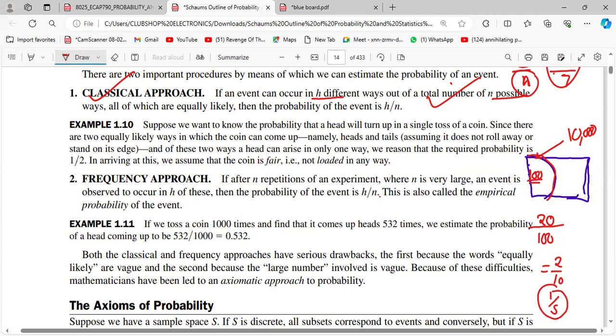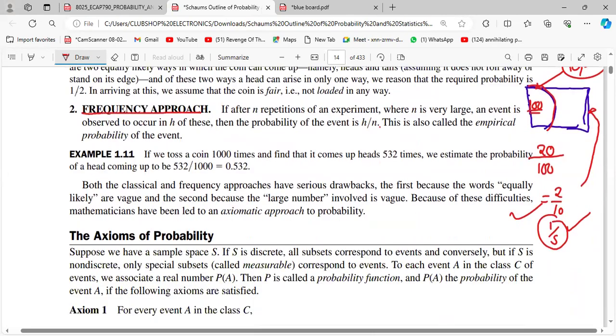So you can now use this probability of 1/5 to predict how many people can afford 3 meals from the 10,000. And this is what we are calling the frequency approach. This frequency approach is just an estimate. It does not give you the exact answer, but just an estimation.